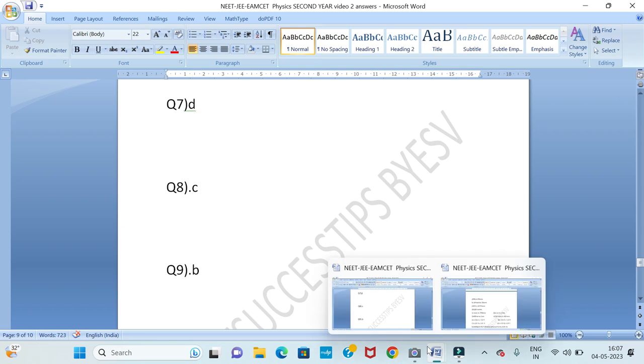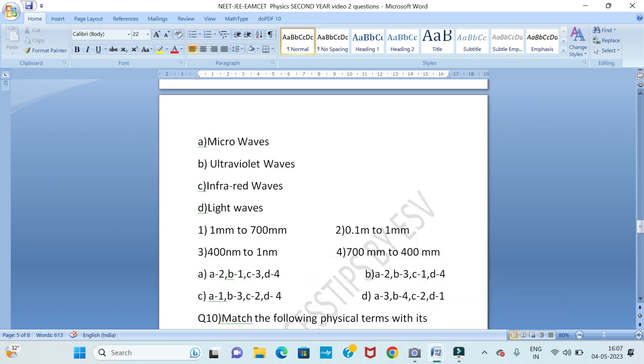So here A2 microwaves, 0.1 meter to 1 millimeter. Next B3 ultraviolet means 400 to 1 nanometer. C1 infrared waves is 1 millimeter to 700 millimeters. D4 light waves, 700 to 400. Here, all this compared to which is very less, nanometers are very less.